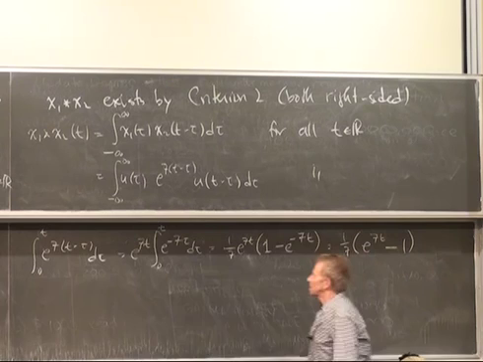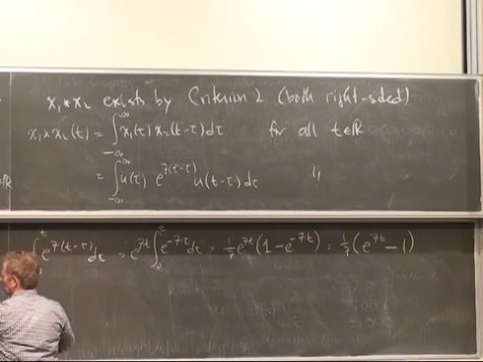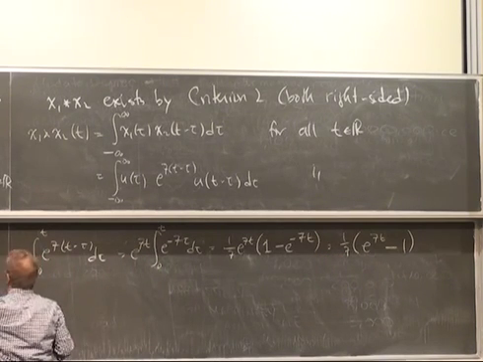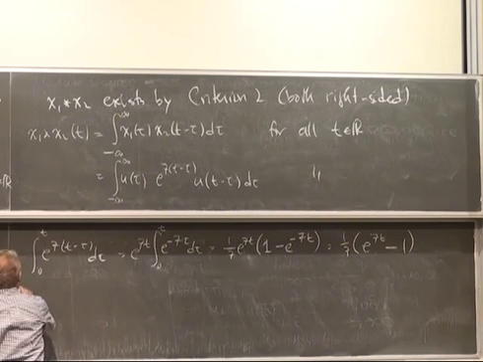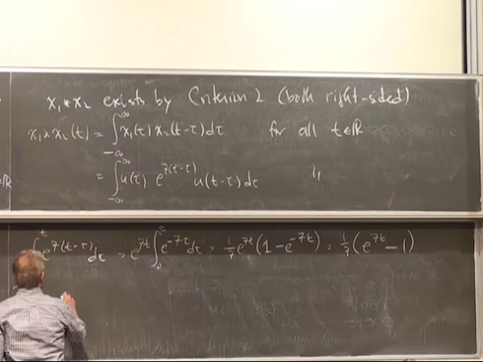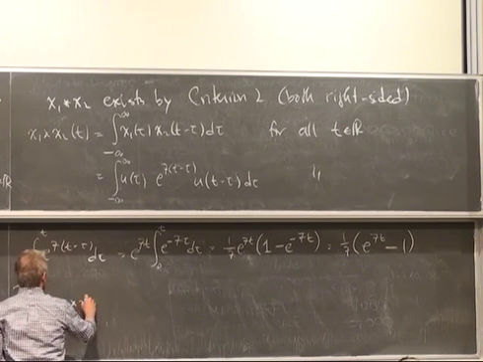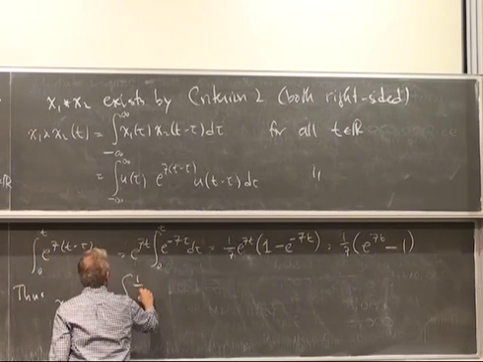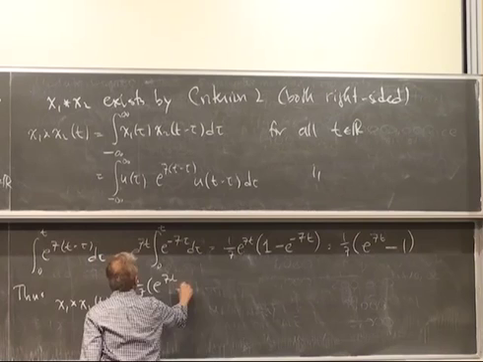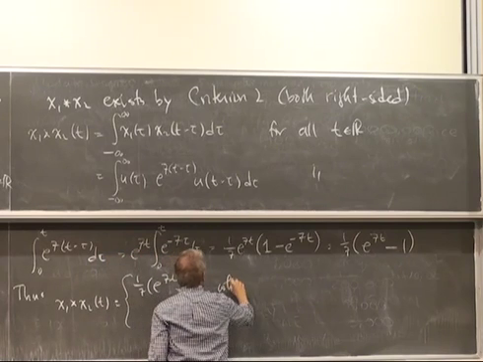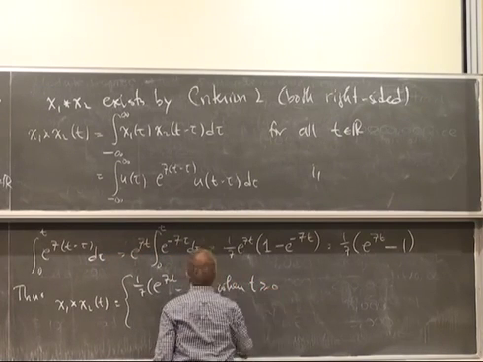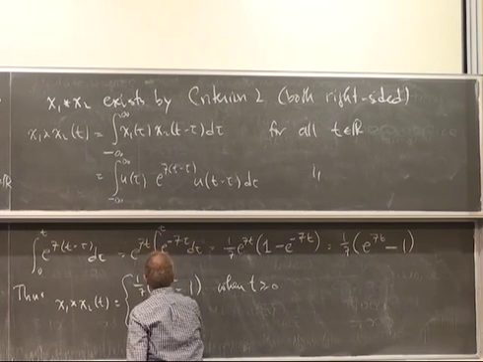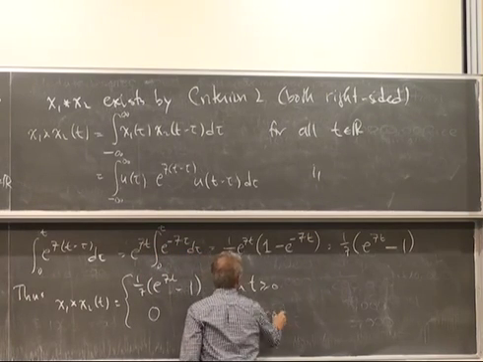So the bottom line is, that's the expression for x1 convolved with x2 of t when t is bigger than or equal to 0. So x1 convolved with x2 of t is equal to that thing when t is bigger than or equal to 0, and it's 0 when t is less than 0.